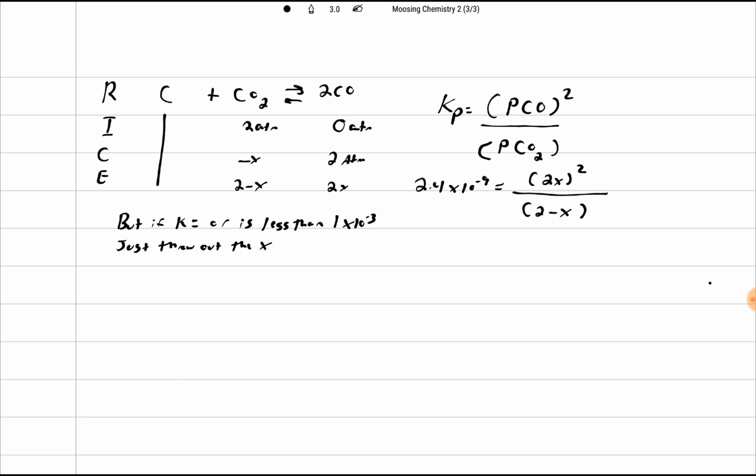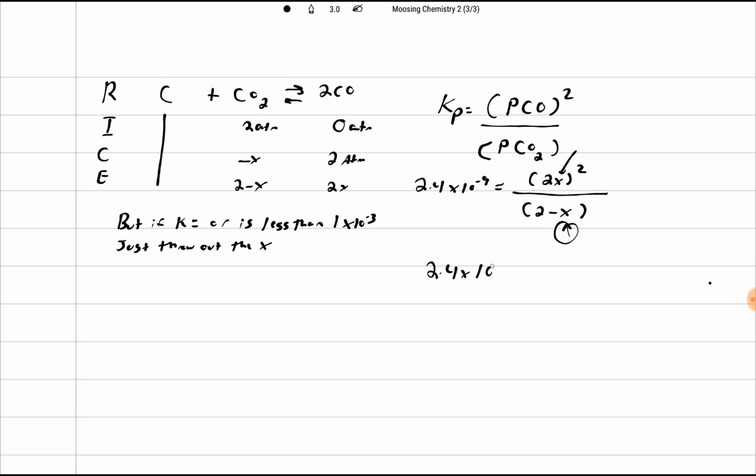I mean, you could do it with the x if you wanted to, but you can throw it out also. It kind of makes things a little bit easier because 2.4 times 10 to the negative 9 is such a small number, it's not going to really affect a lot of things. So we're going to throw that x out, and we're talking about this x right here. Not that x, just this x. Okay?